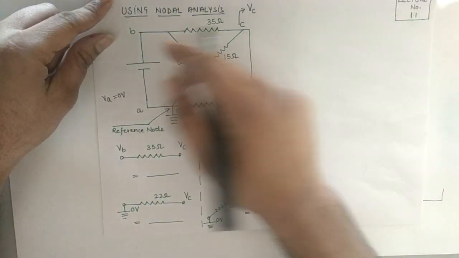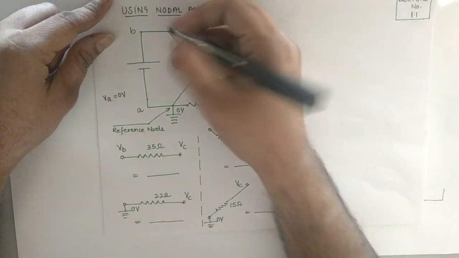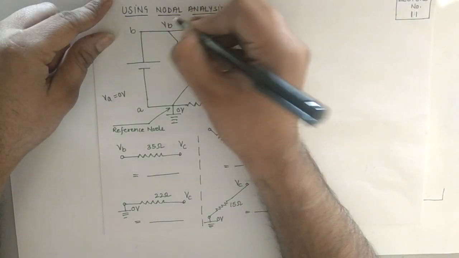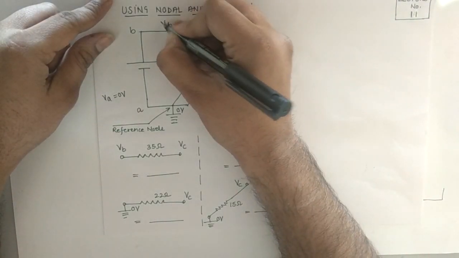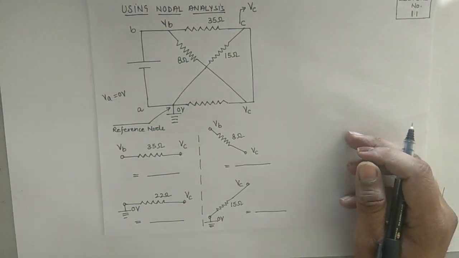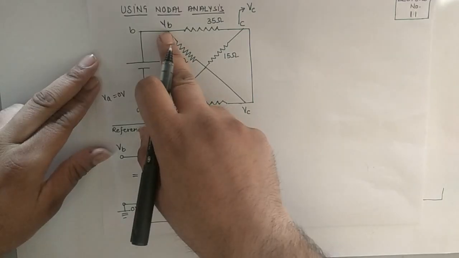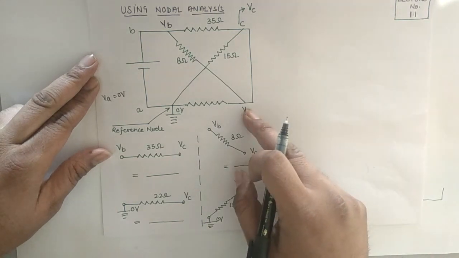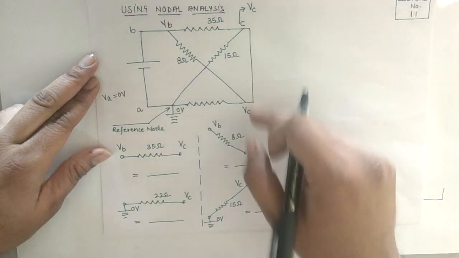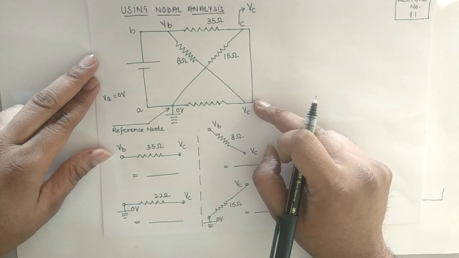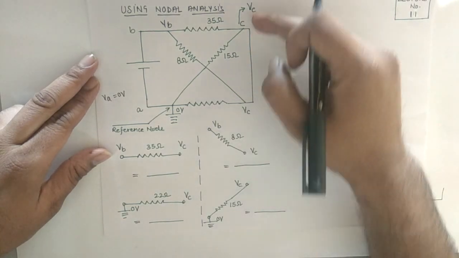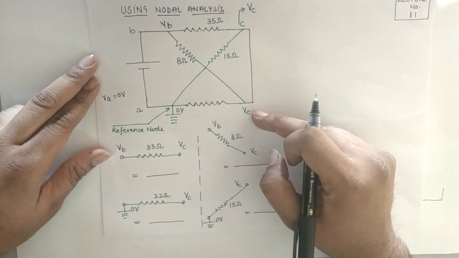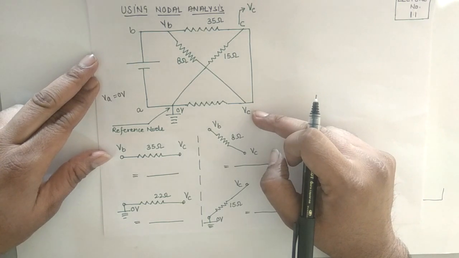Now B is here, so let us say it is VB. In this way we make the nodal voltages VB and VC. These two points are at common potential, that's why we consider VC at both ends.